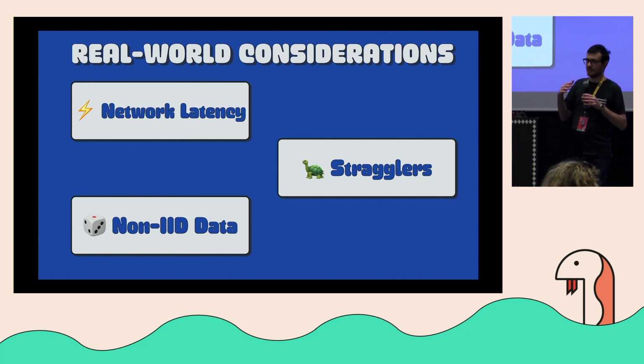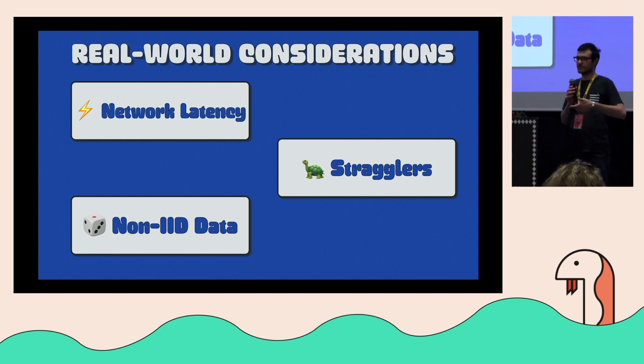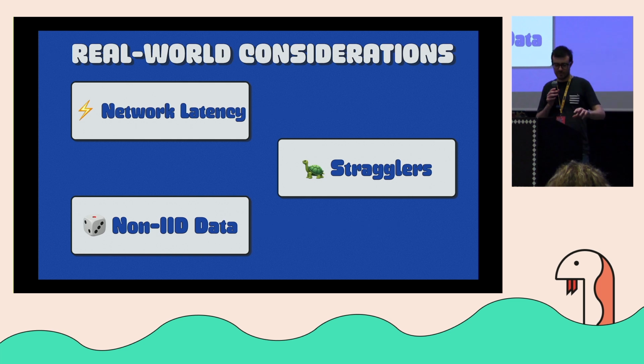The last thing is a problem that you have both when you simulate federated learning training, but also in real-life scenarios. You have to deal with the fact that users are different. People located in some parts of the world could have different data than people located in a completely different part.